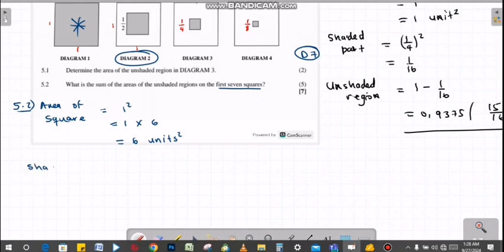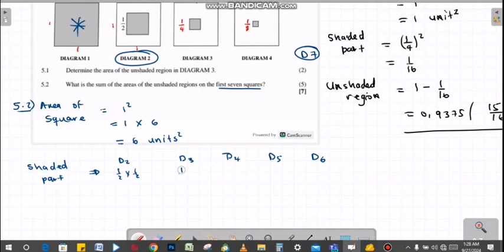Okay, so now the shaded part. I think they should form a pattern. Okay, so for diagram 2, diagram 3, diagram 4, diagram 5, and diagram 6. Diagram 2, it's half times half.